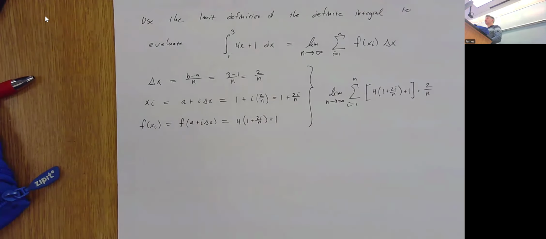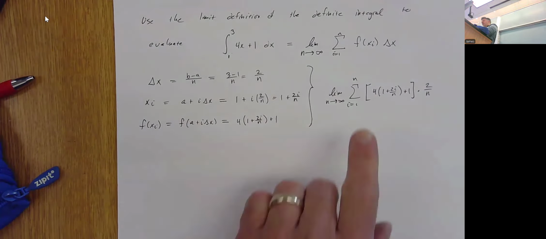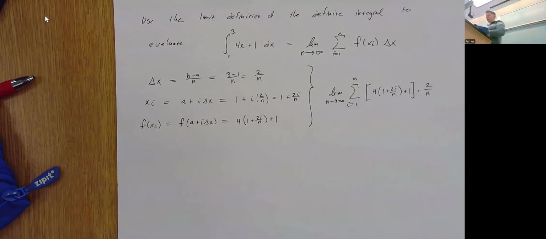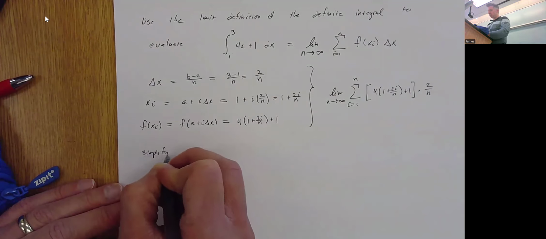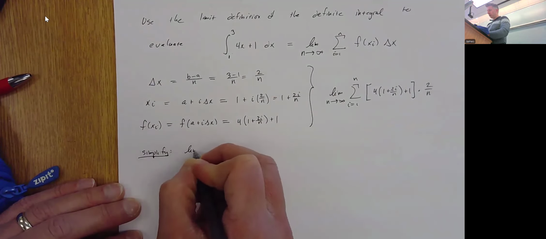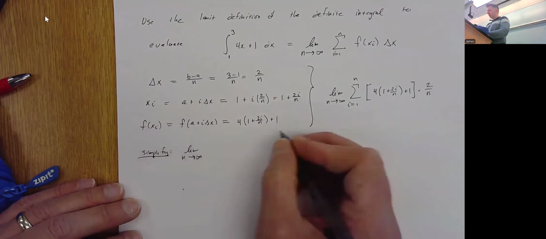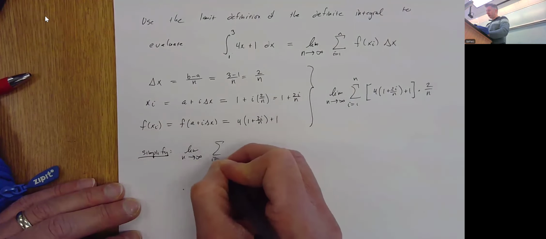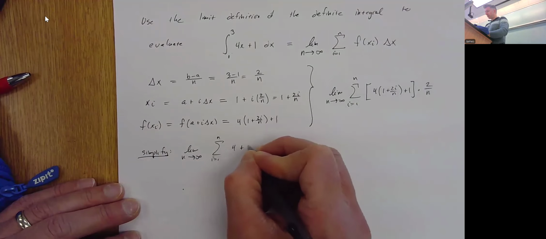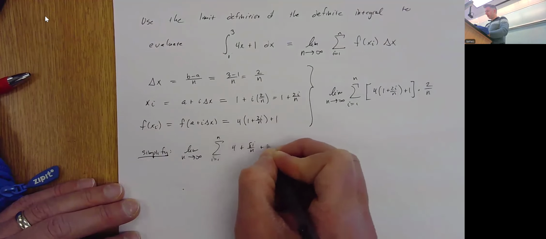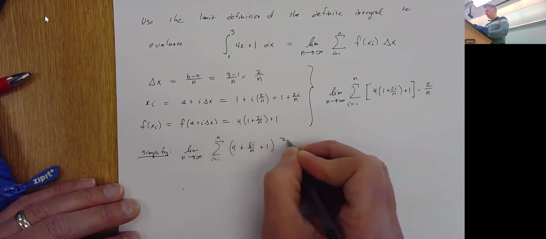And then I would take the time to simplify this as much as possible. Well, let's do that first. So first, simplify the insides. So we're going to get the limit as n goes to infinity of the sum, i equals 1 to n, of 4 plus 8i over n plus 1, all multiplied by 2 over n.